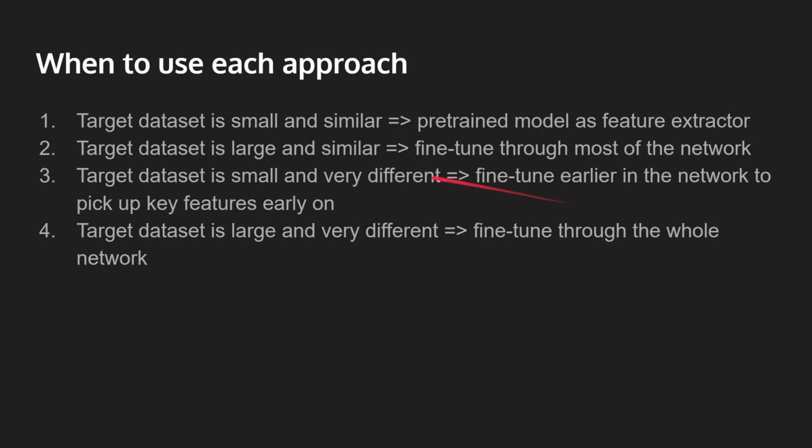So that's not good. And in the second scenario, since both domains are similar, we can freeze the feature extraction part and retrain the classifier, similar to scenario 1, right? But since we have more data, we can get a performance boost from fine-tuning through all or part of the pre-trained network with more confidence that we won't overfit, right?